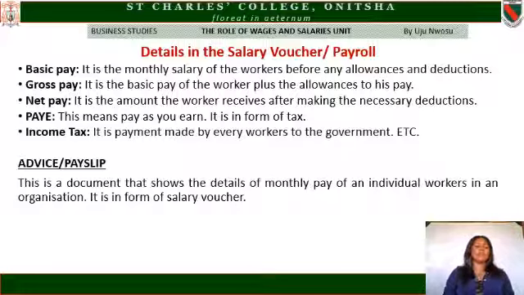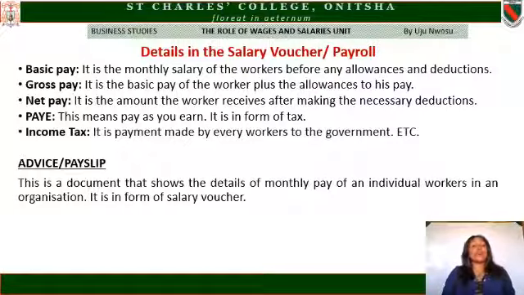The third one is net pay. It is the amount the worker received after making the necessary deductions. This is gross pay minus some certain amount of money. In every worker's salary, there must be a deduction.